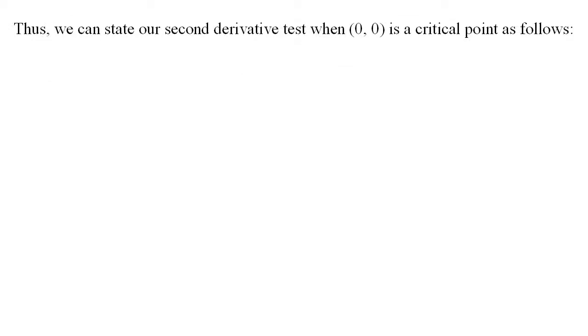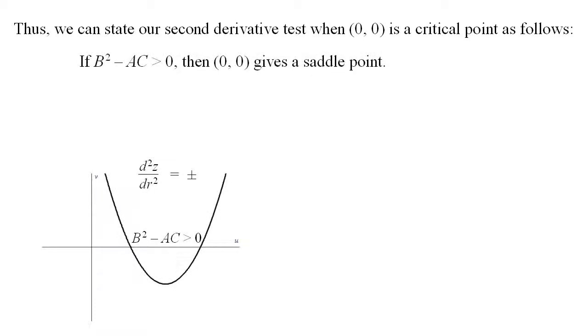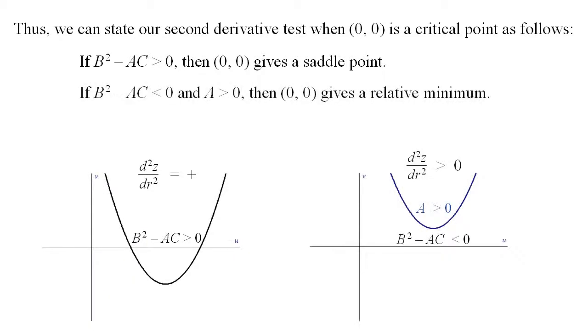Thus we can state our second derivative test when the origin is a critical point as follows. If b squared minus ac is positive, then the origin gives a saddle point. If b squared minus ac is negative and a is positive, then it gives a relative minimum.